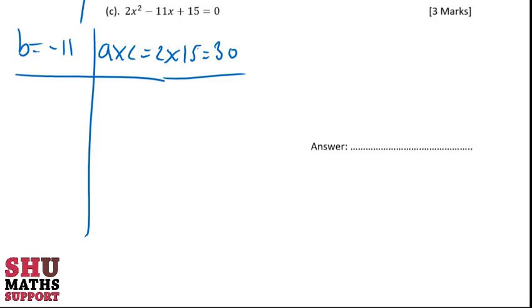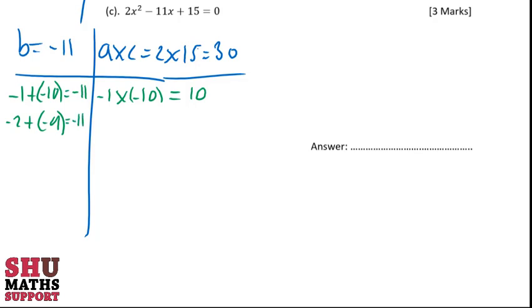So we need a negative number plus a negative number to get minus 11. So let's do minus 1 plus minus 10 is equal to minus 11. And then if we do minus 1 times minus 10, we get 10. So that's not the value we need. So let's try again. If we do minus 2 plus minus 9 equals minus 11, and minus 2 times minus 9 is equal to 18.